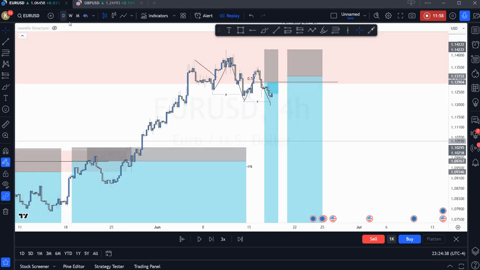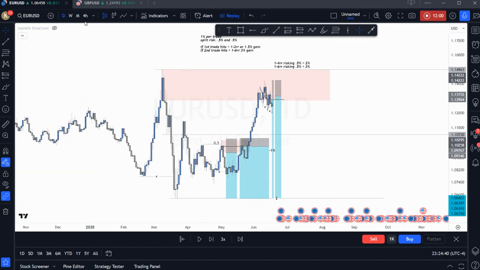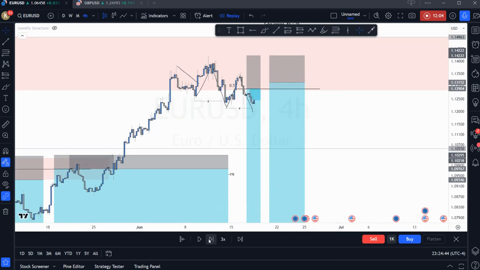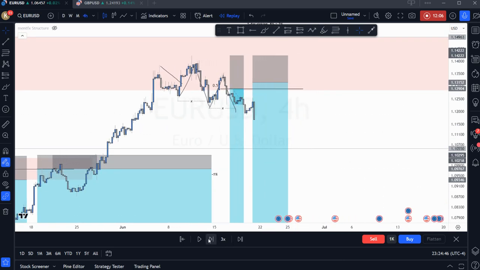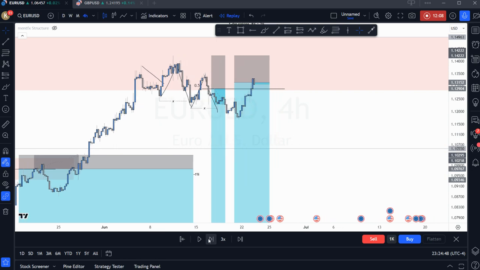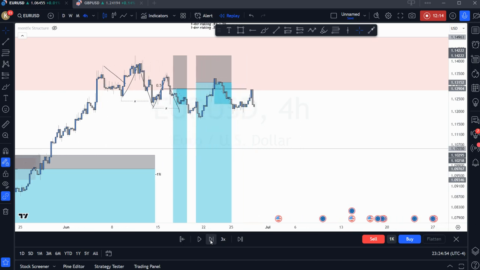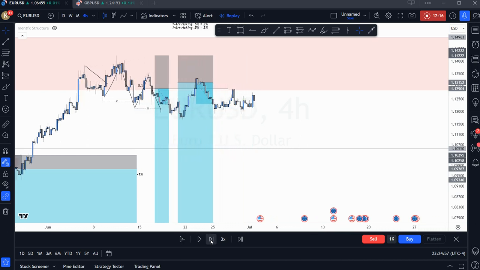Put these entries in. Once they get tapped in, I can move to the daily and have them play out. But I'm just gonna keep playing it from here. All right. Both of those are tapped in right now. Let's see. What are we doing?